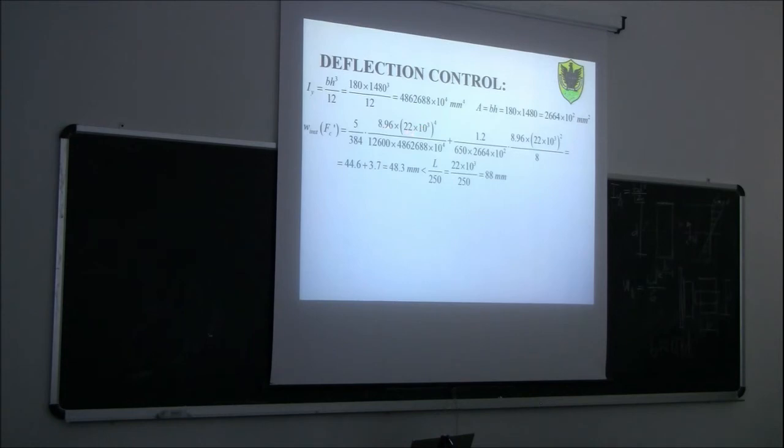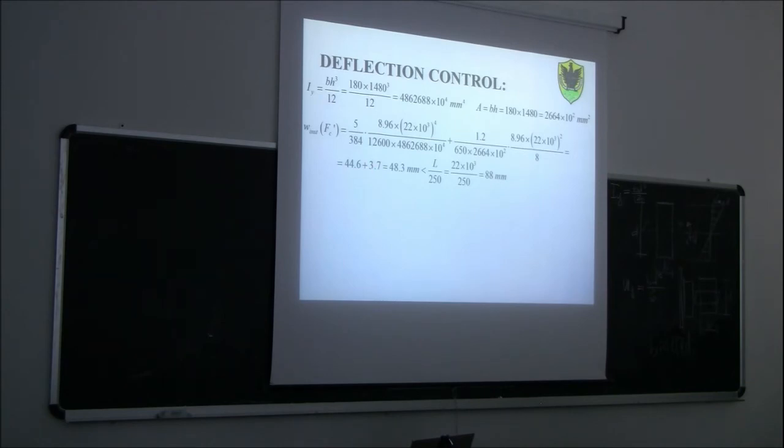The length, which was expressed in millimeter, so 22 meter times 10 to the power of 3. Everything here was expressed in millimeter, and then you need to multiply, well, this is basically megapascal, so newton per square millimeter, and this one is millimeter to the power of 4. So in the end, you find your deflection in millimeter.